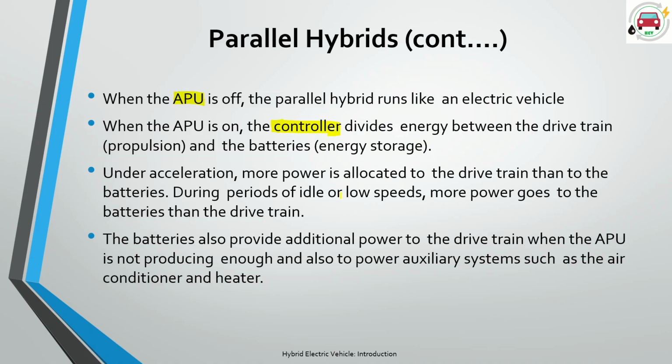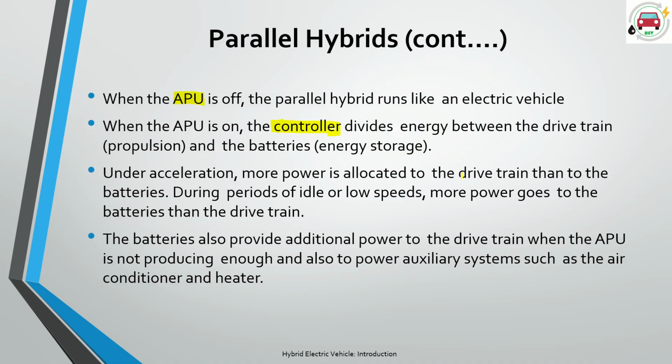I have understood, I felt that you're getting some confusion. Let me clear it first. So under acceleration, whenever we need higher power or a higher speed of the vehicle, more power is allocated to the drivetrain than to the batteries.